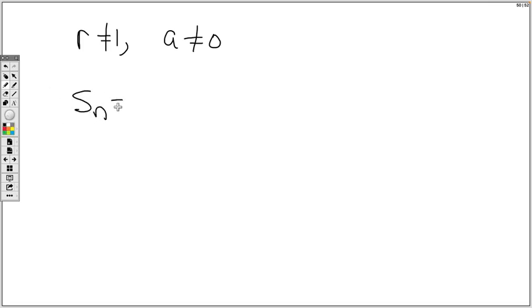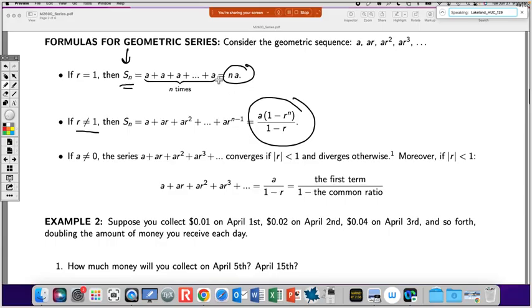But let's look at this. Let's look at S sub n. So you have to remember here that because of how the sequence is defined, that's our formula for the sequence.